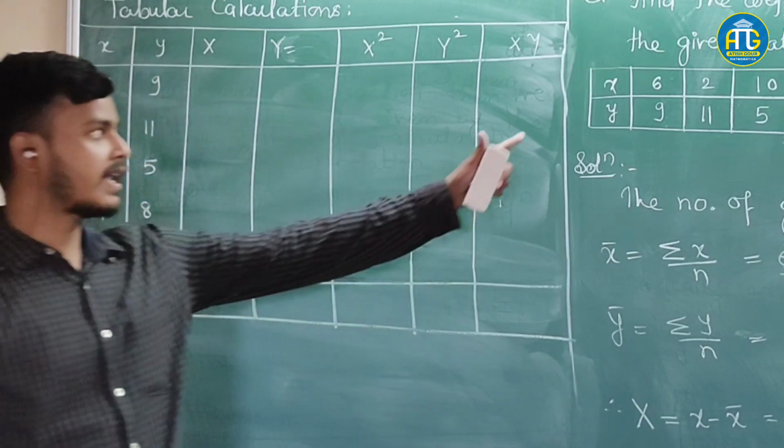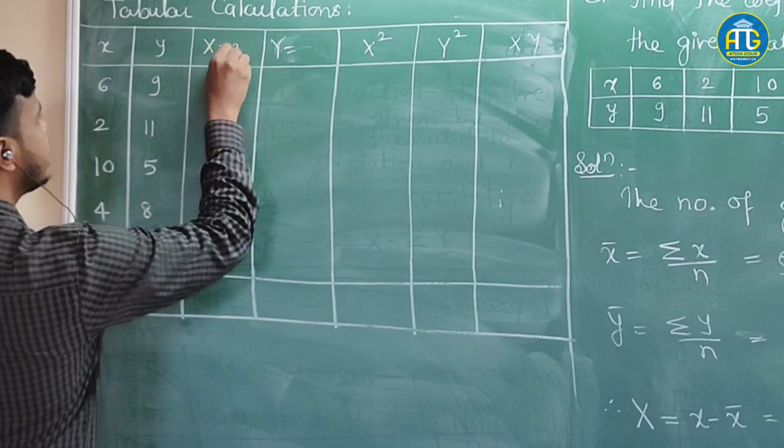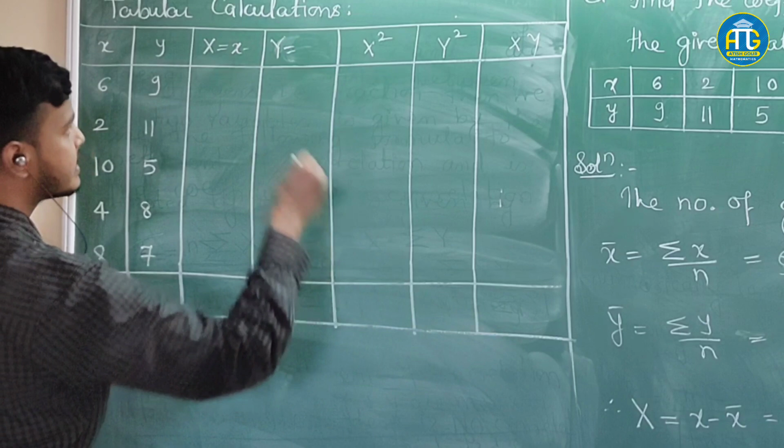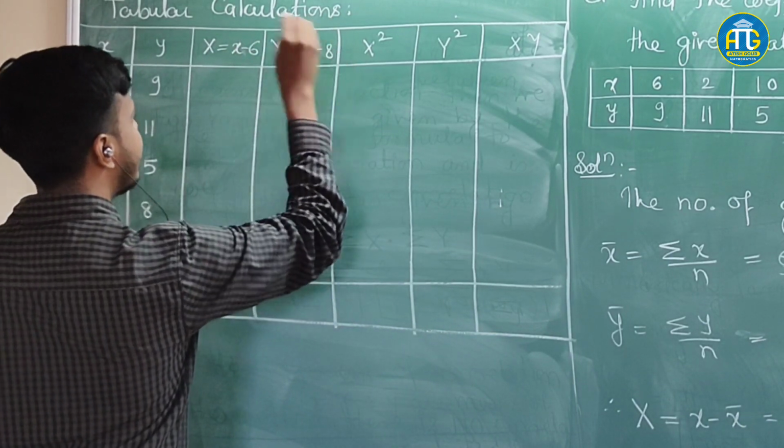After substituting these values, let us find capital X, which is x minus 6, and capital Y, which is y minus 8.